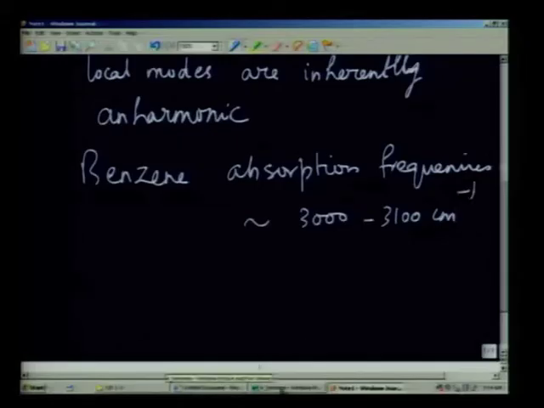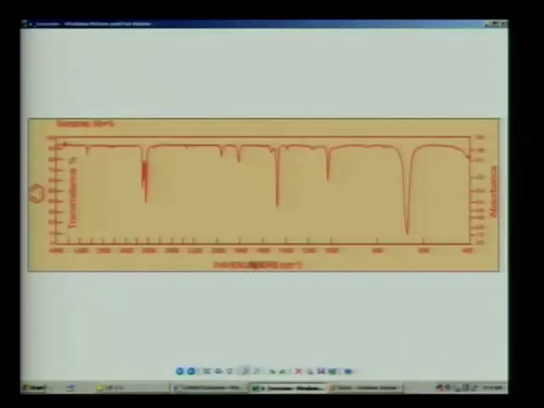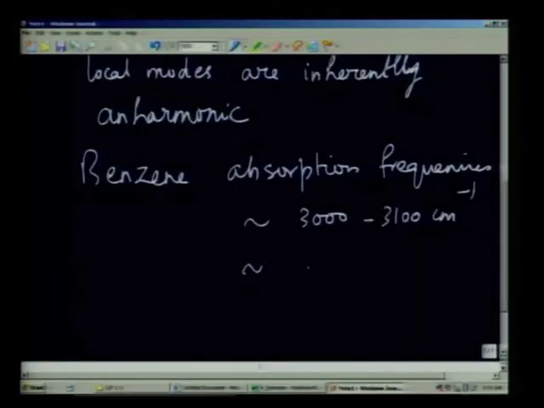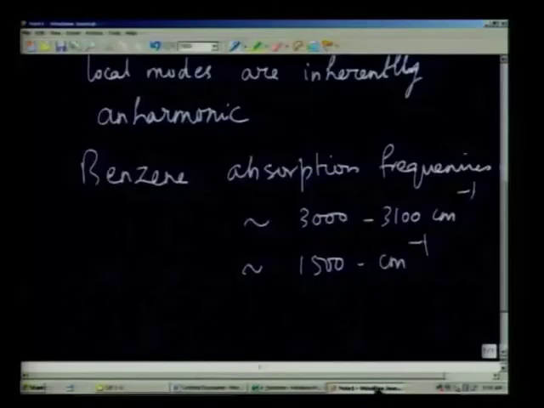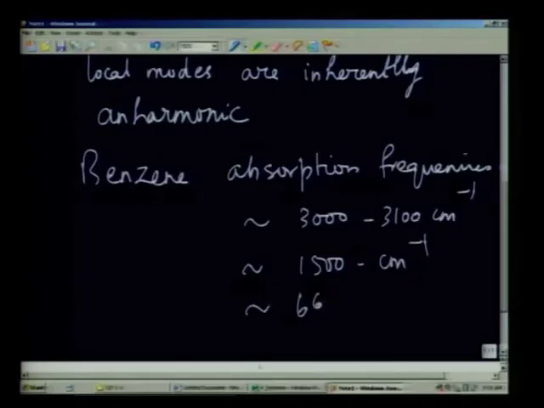Then there is one at approximately 1500 centimeter inverse, and then there is one at about 670 centimeter inverse, roughly 660 to 670 centimeter inverse.